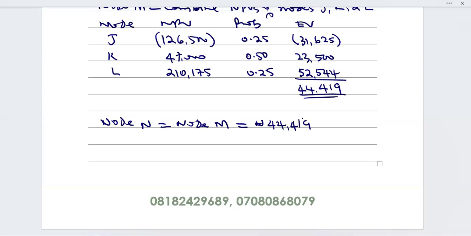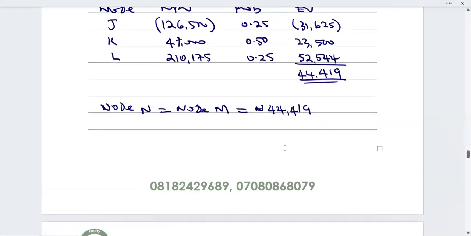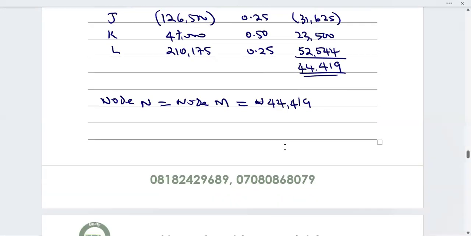So the expected MPV is 44,419 naira. That answers requirement A.